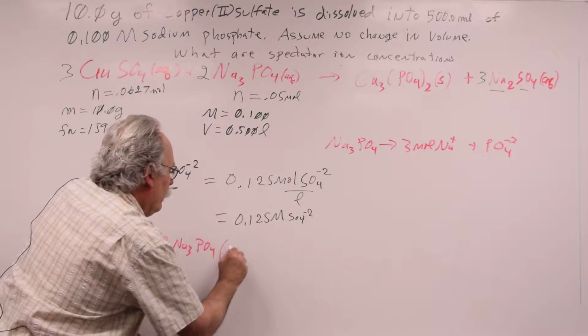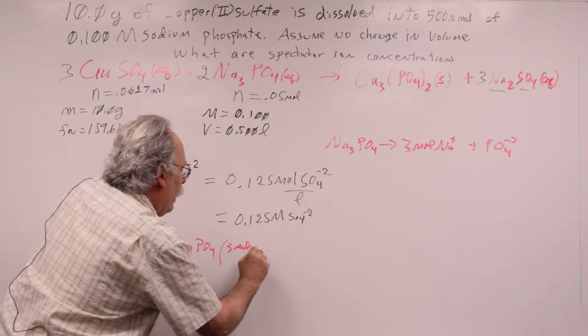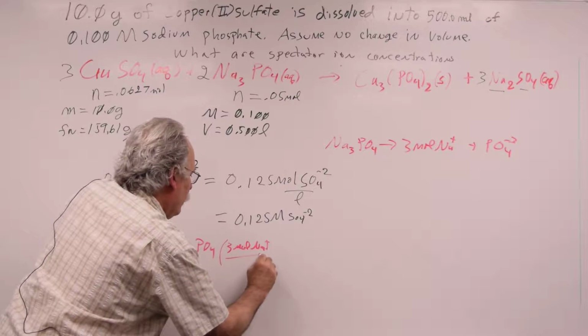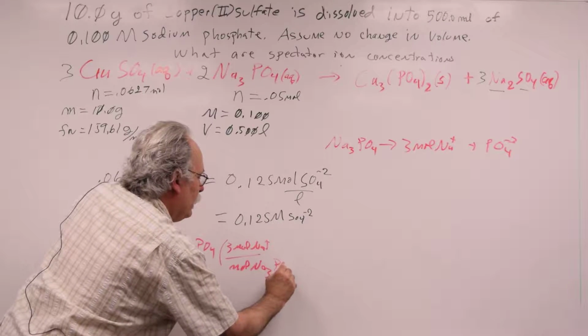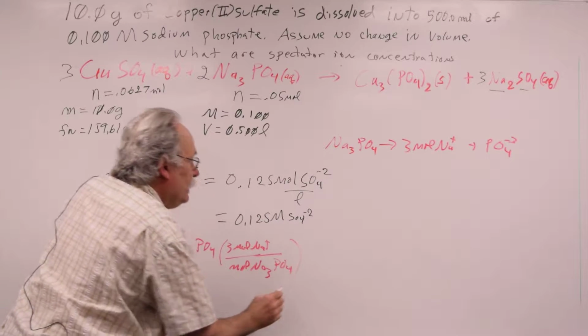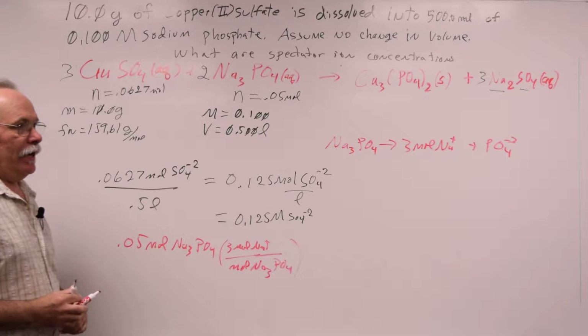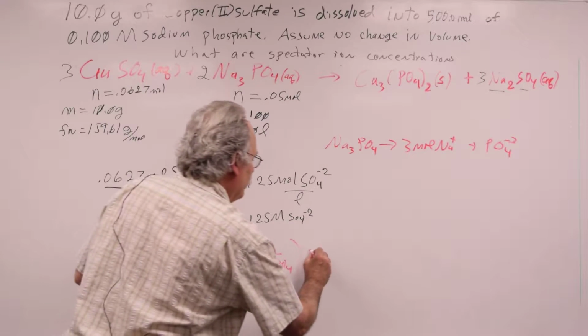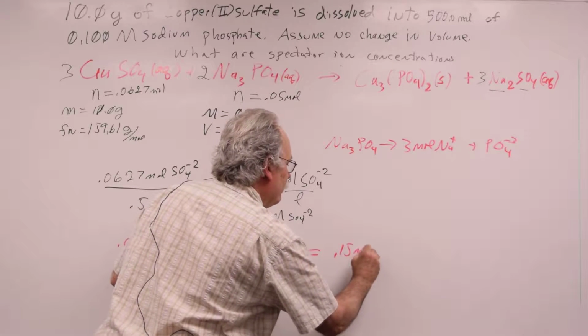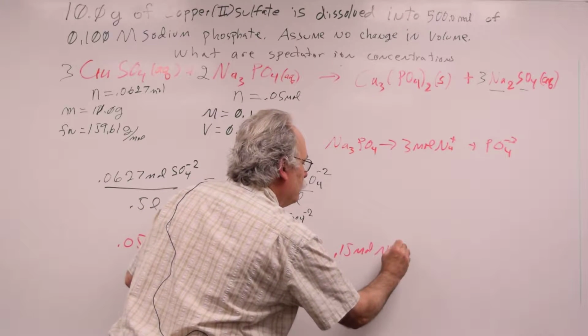Now, this gives us an equivalent statement, 1 of these to 3 of these. So we have 3 moles of Na plus per mole of Na3PO4. Now, this gives us the moles of sodium, which would be 0.15 moles Na plus.